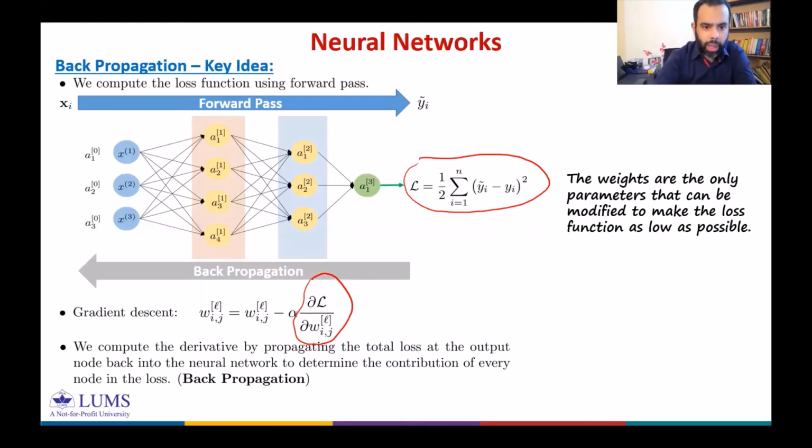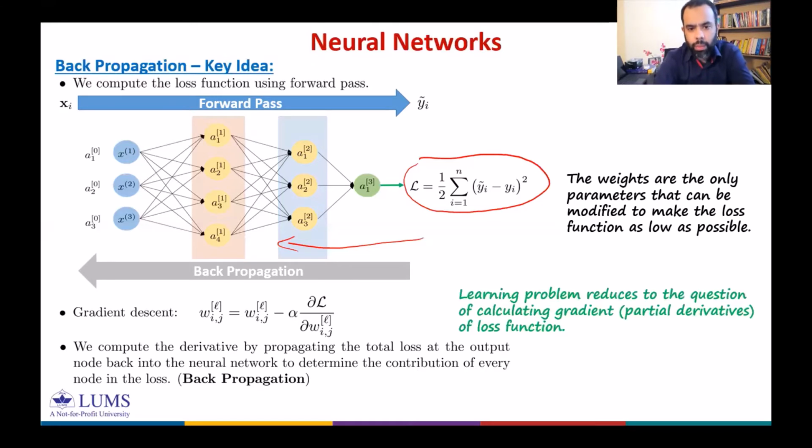So we back propagate the loss in this direction, and we find the contribution of every node towards the loss. Right? Given this formulation of gradient descent, learning of neural network parameters reduces to calculating the partial derivatives of the loss function with respect to every weight and with respect to the bias for each node. Right?